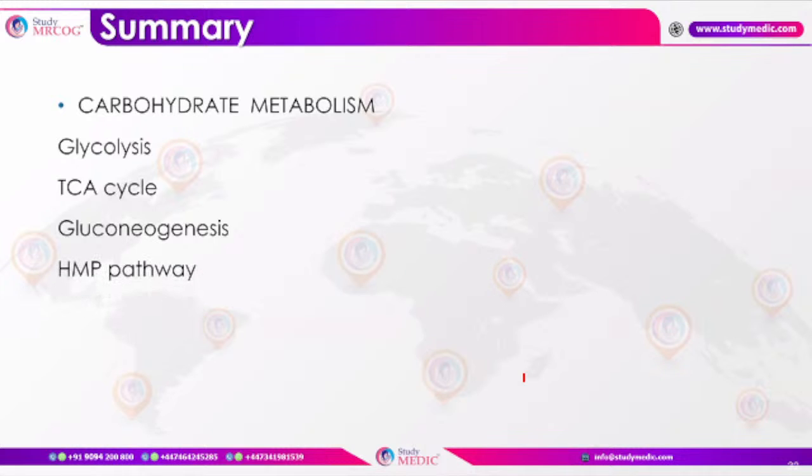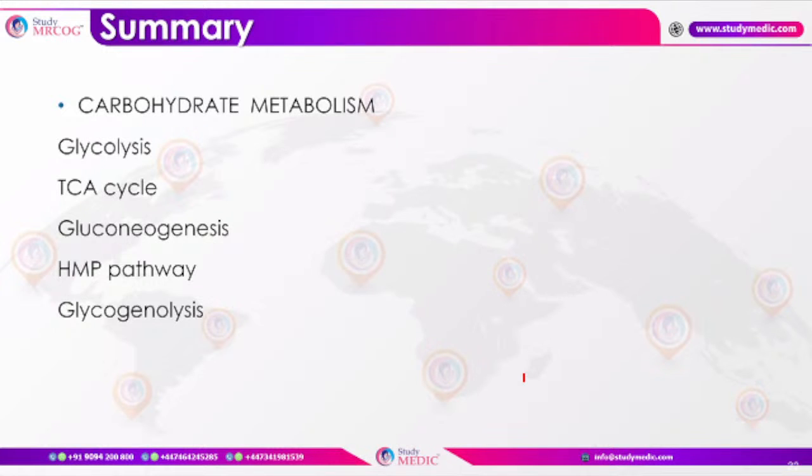And in a well-fed state, there is a pathway called the shunt pathway, that is the HMP shunt pathway, which is activated and helps us produce NADPH and ribose 5-phosphate. Then glycogenolysis, that is the breakdown of glycogen, which is there in the liver and also in the skeletal muscles. In fasting or starvation, glycogenolysis will happen.